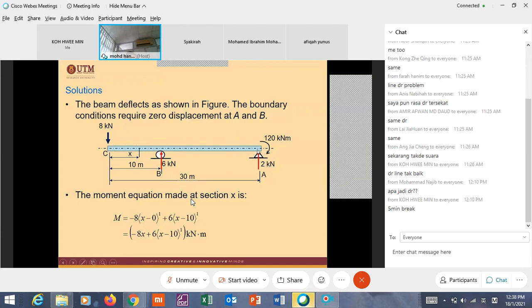What you need to take note of is that this bracket here is called a continuous function. This is not the normal bracket.